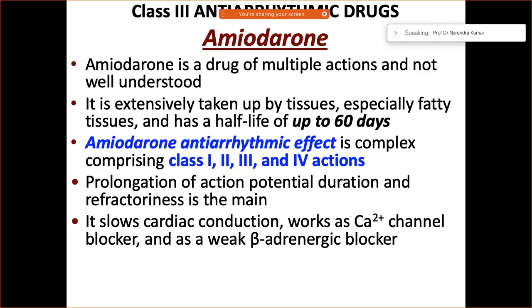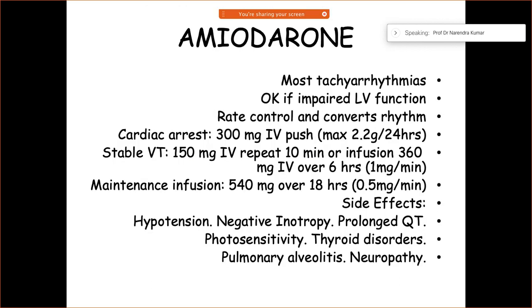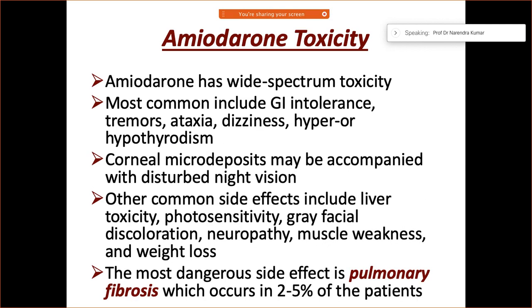And we are aware of the various side effects like hypotension, negative inotropy, even prolonged QT interval, photosensitivity, thyroid disorders, pulmonary alveolitis, or even neuropathy. As I was telling you, there's a wide range of toxicity, not just GI intolerance. The patient also complains of tremors, ataxia, dizziness, hyper or hypothyroidism as well.